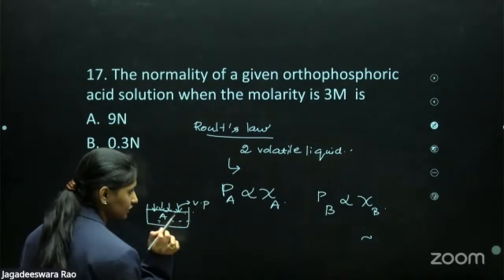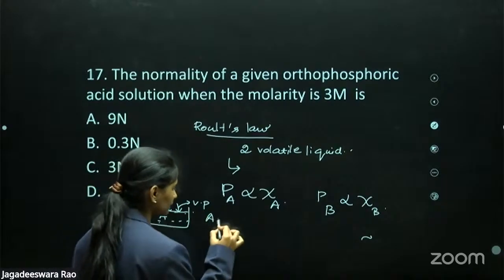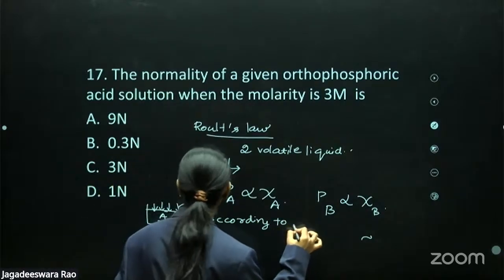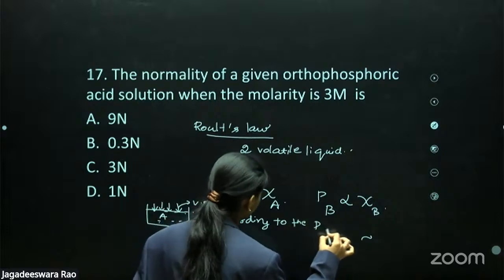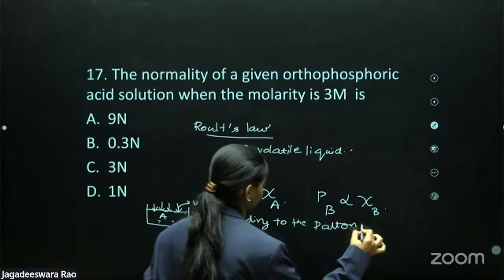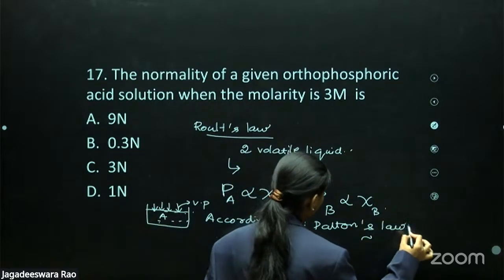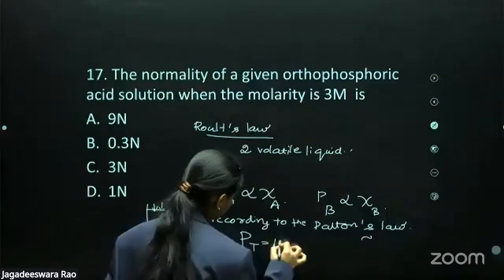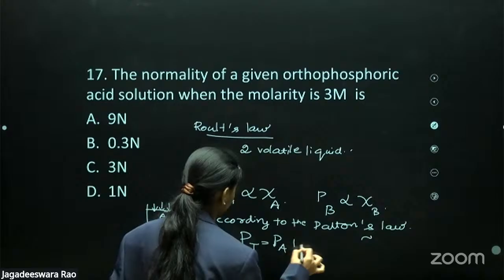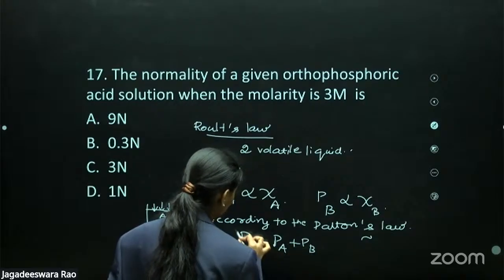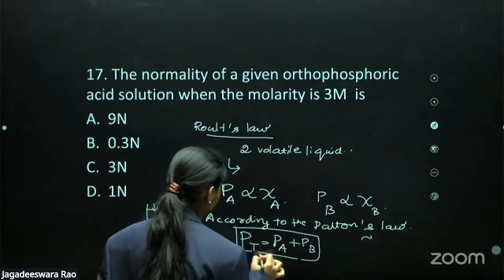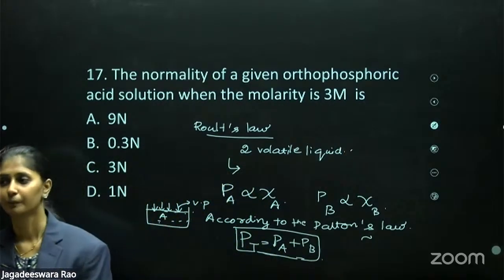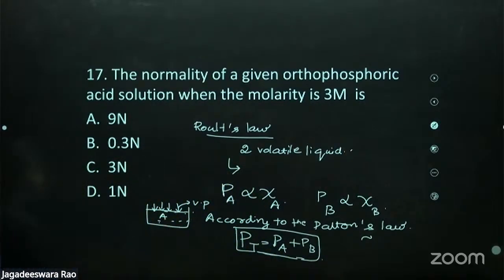So that's why, according to Dalton's law of partial pressures, the total pressure is equal to the sum of the partial pressures. That is, P total is equal to PA plus PB.